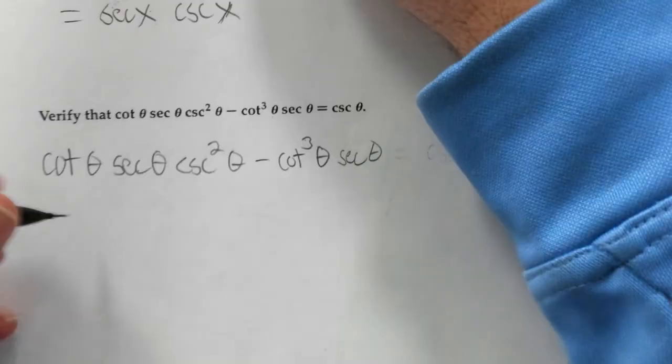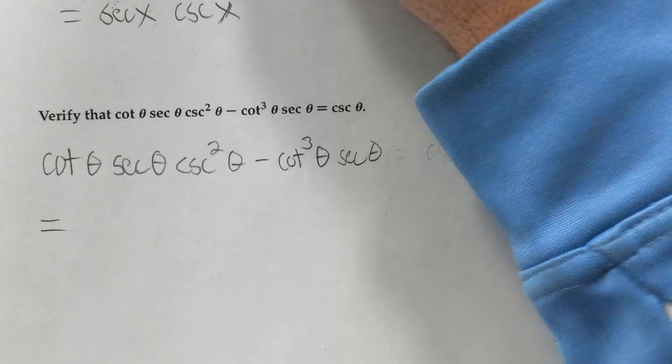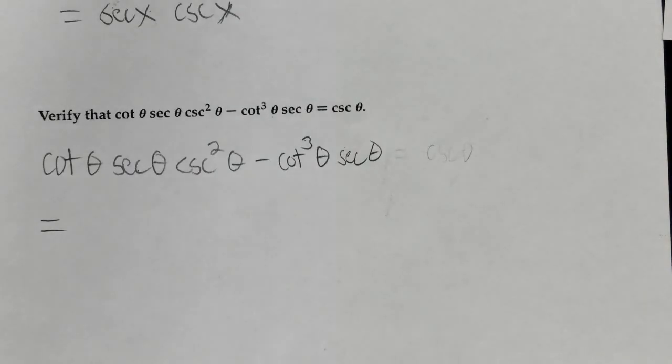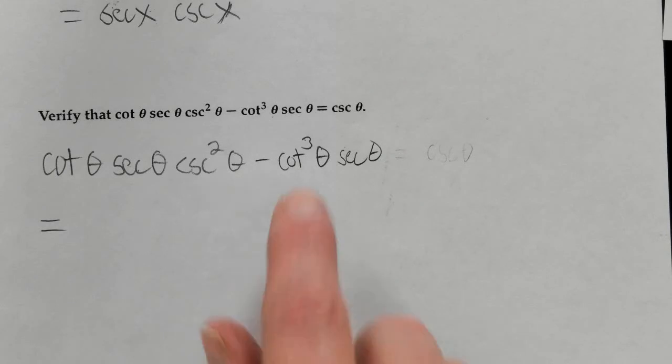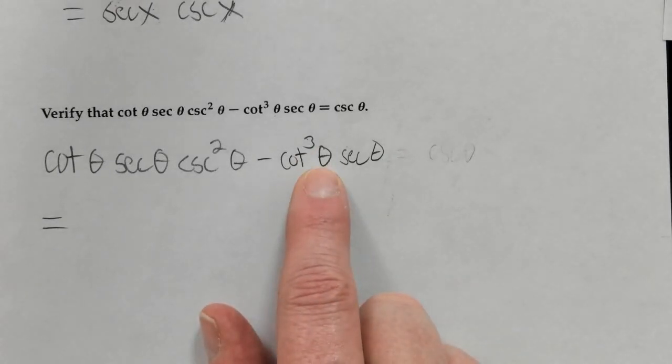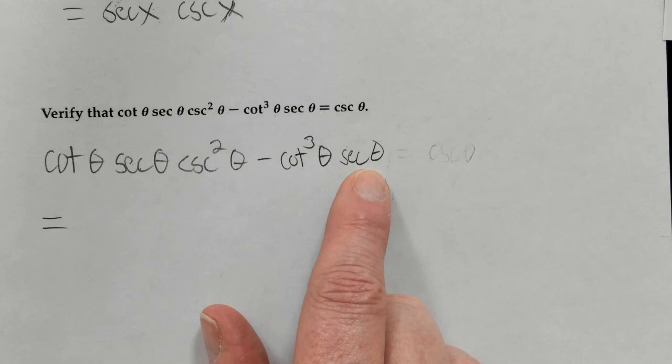Can we do it? All right, so let's see. What we can work on in this particular space is the cotangent to the third power and my secant right here.